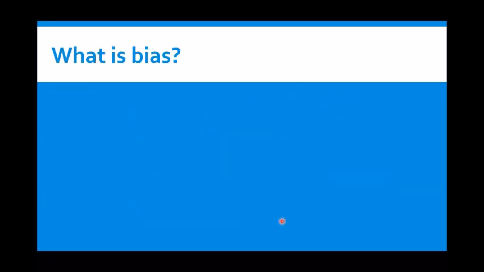So my question to the audience, I'm not going to unmute everybody because not all of us are adhering to the rules of attending a webinar by sitting in an isolated room or using a headphone so others will not hear your noise. So the question is, what is bias?